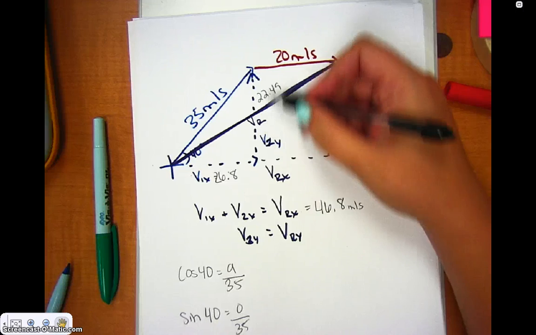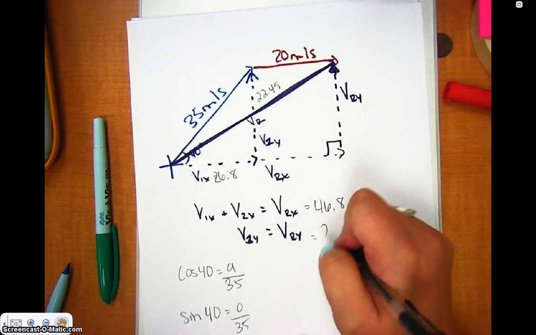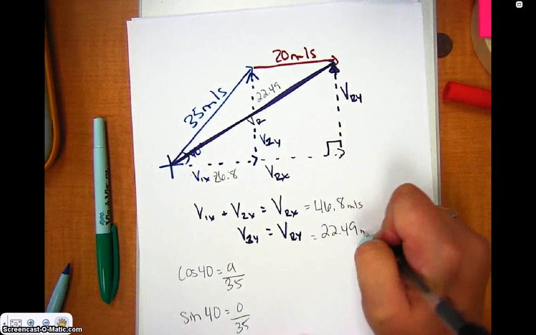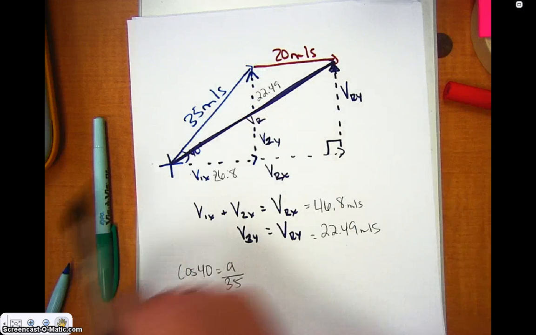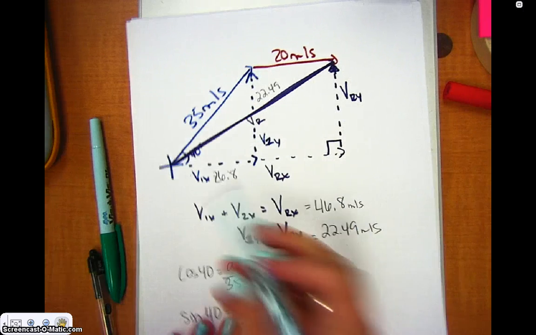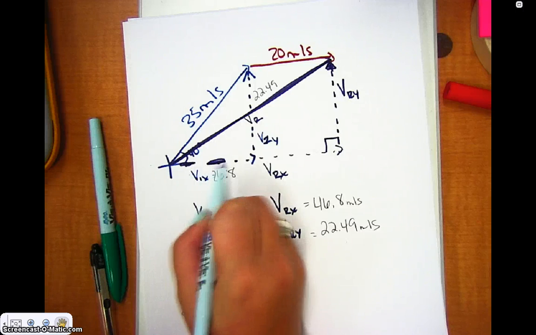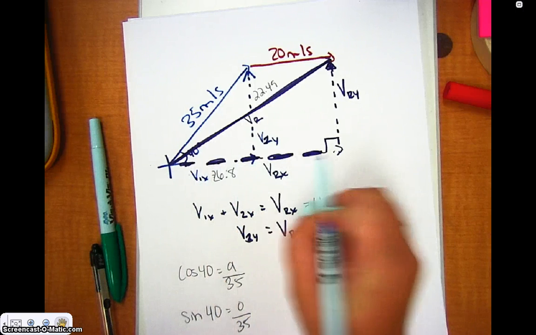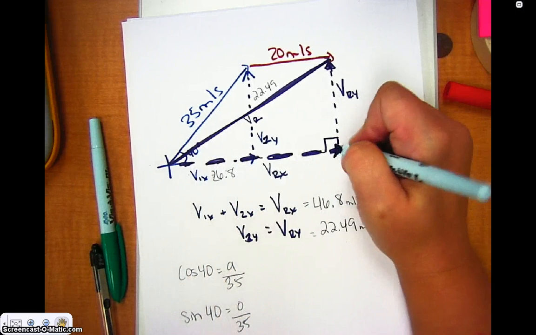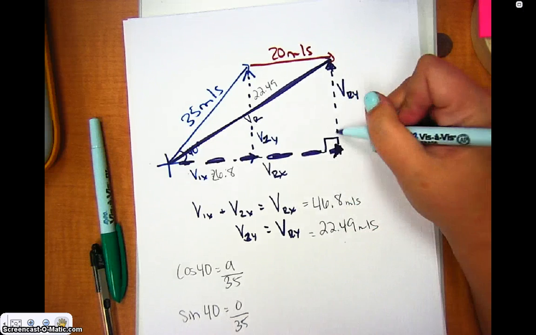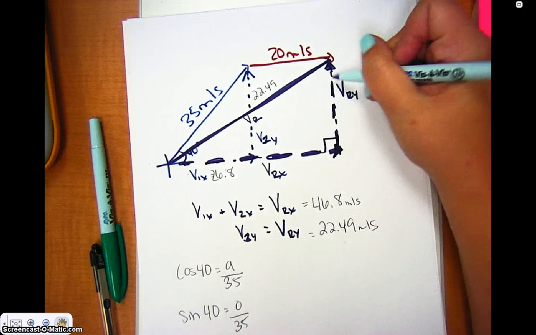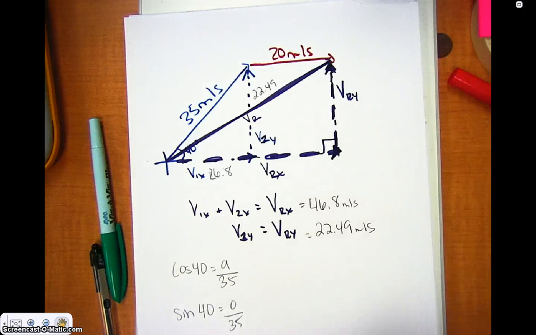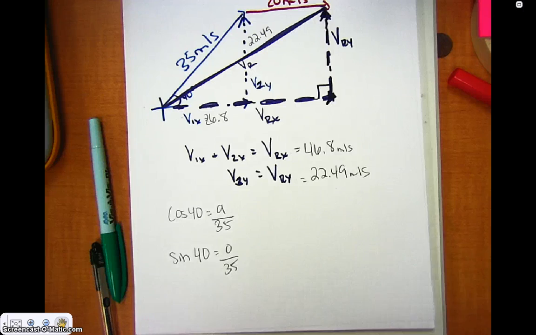And then this would be up 22.49 meters per second. So I have this side, and let me draw it more distinctly so you can see it. This side I have just calculated to be 46.8, and this side I calculated to be 22.49.